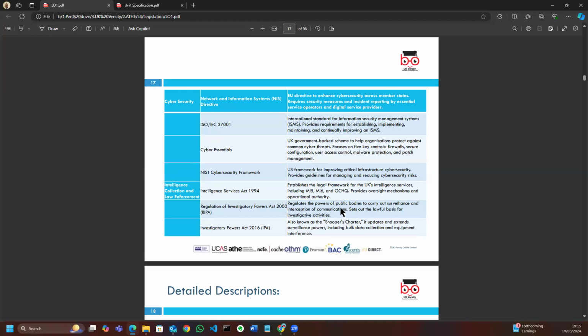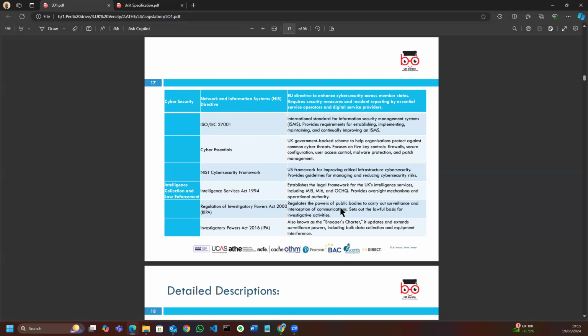And also, from here we can see we have intelligence collection and law enforcement. We have the Intelligence Services Act 1994, which establishes the legal framework for the UK's intelligence services, including MI5, MI6, and GCHQ, providing oversight mechanisms and operational authority.